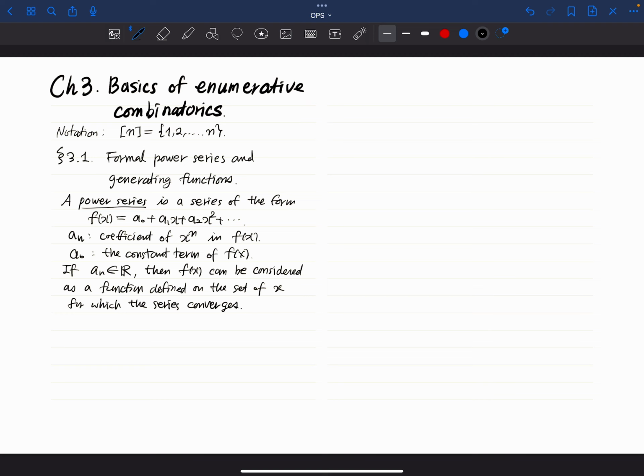So we say like the radius of convergence and the interval of convergence, things like that in calculus.